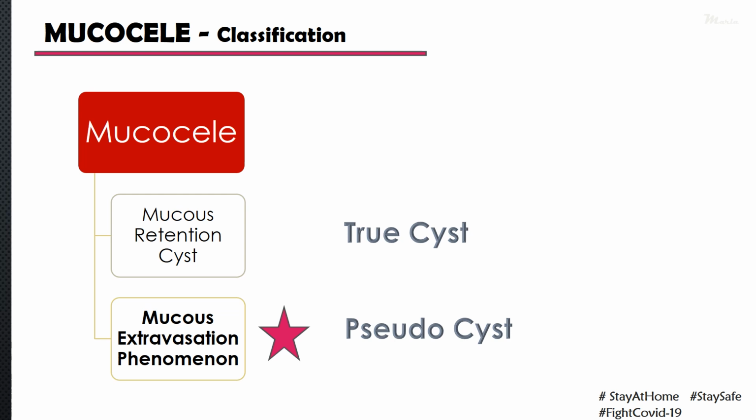Because mucus extravasation phenomenon is more common than the retention type, sometimes the term mucocele itself is used instead of mucus extravasation phenomenon. However, it is advised that we refer to these pathologies by their exact name for better understanding and to avoid any confusion.